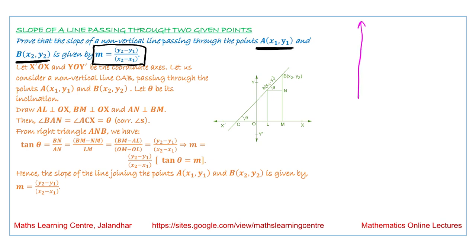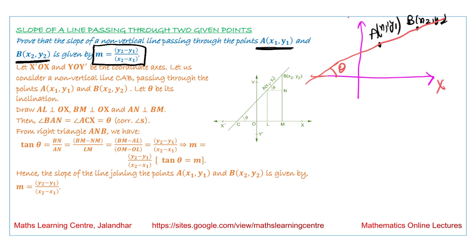Suppose these are the x-axis and y-axis that we have, and these are the 2 points that are given. This is the point A and this is the other point B. Their coordinates are x2, y2, and x1, y1. Now if we join these 2 points, we obtain a line, and suppose this line makes an angle of theta with the positive direction of the x-axis.